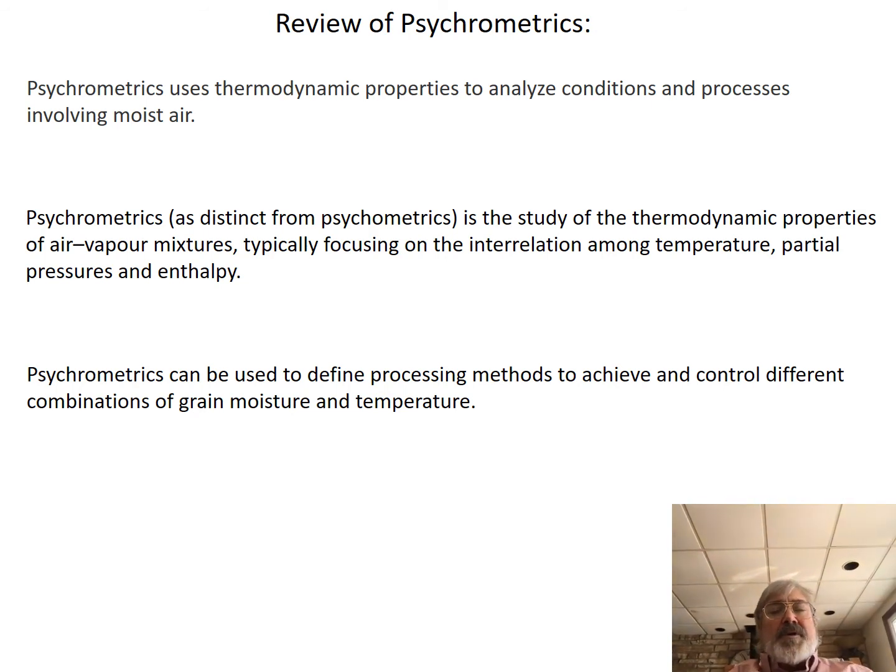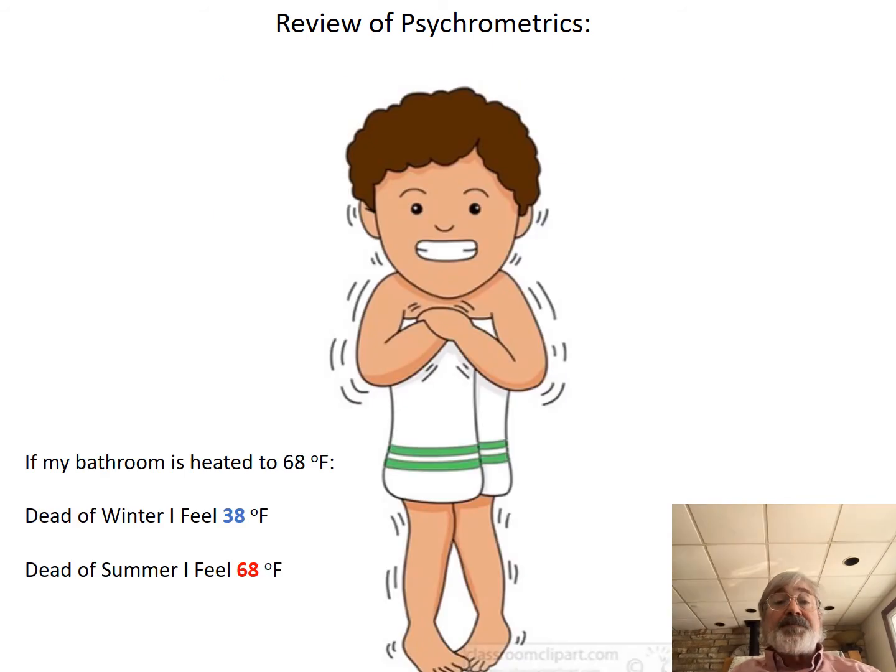Not the air temperature, but the temperature of the grain itself. So if I can control the temperature of the grain when it's wet, and I can also control it when it's dry, I can get all sorts of different specialty malts out of it. And we're going to go into all of that later as well.